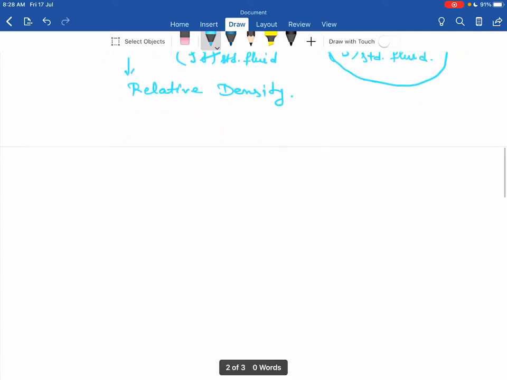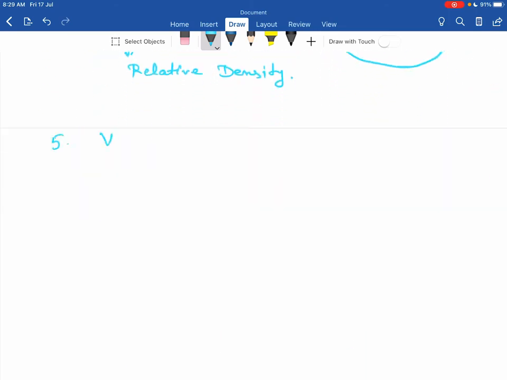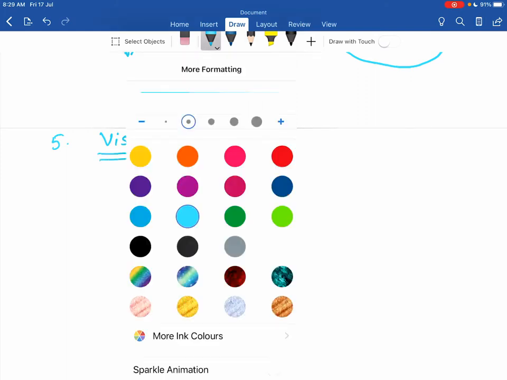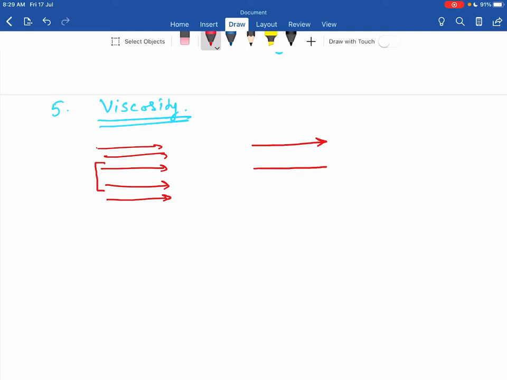Then another important property of fluid, that is the fifth one, is viscosity. Okay. So let us say we have a flowing liquid. That liquid is flowing in layers, something like this. And if we talk about two successive layers, this is one layer, this is the second layer.